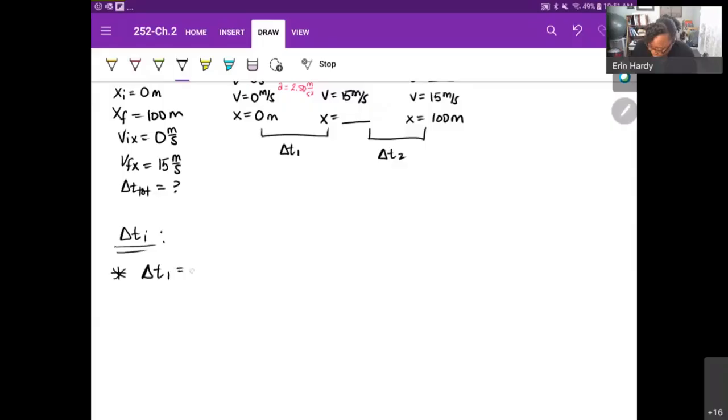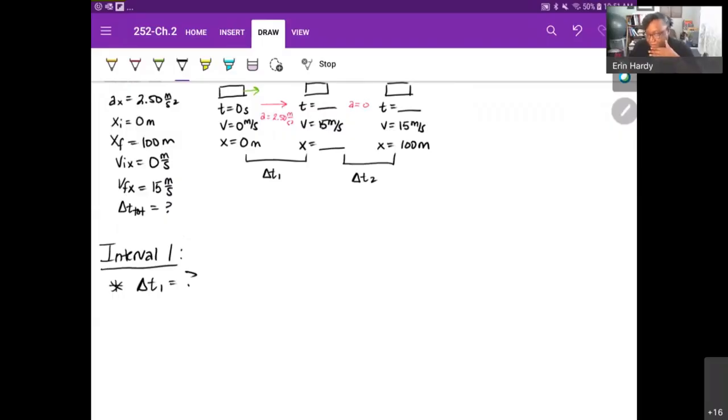Delta T1 is equal to what? And let me just call this interval 1 so that it is clear that we're looking for two different things. Now, I would suggest using the second kinematic equation for this example, because we know V initial, we know V final, and we know the acceleration.